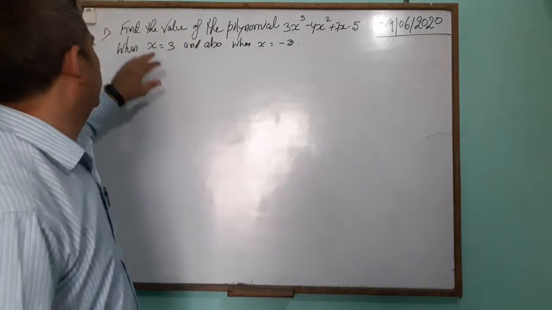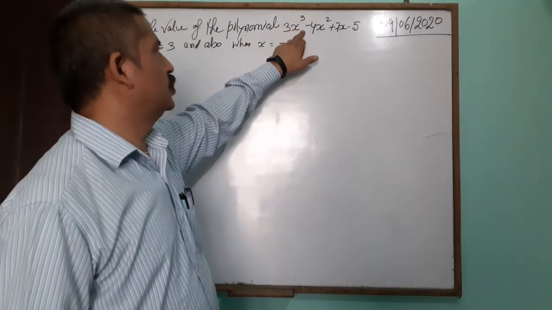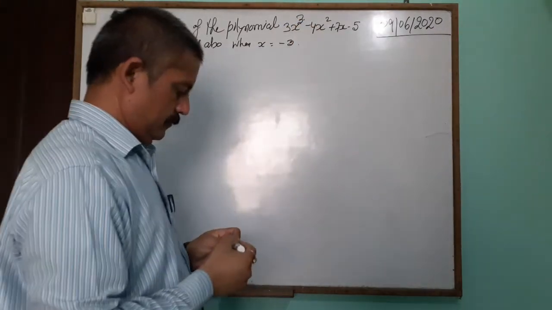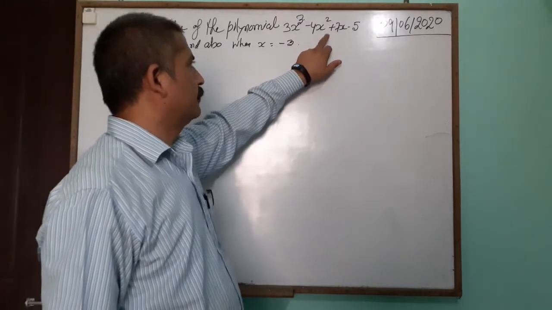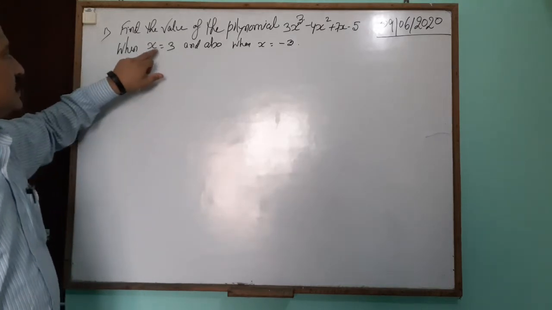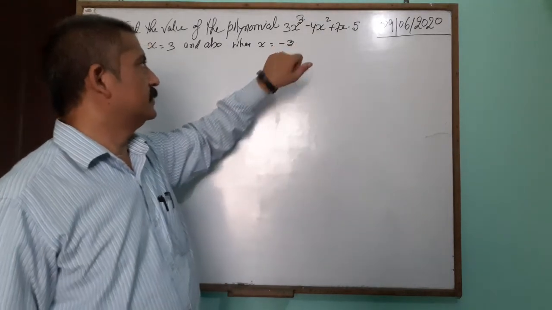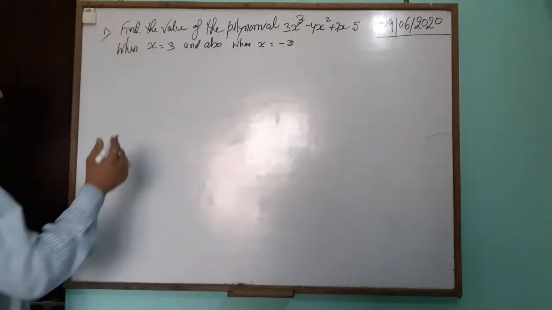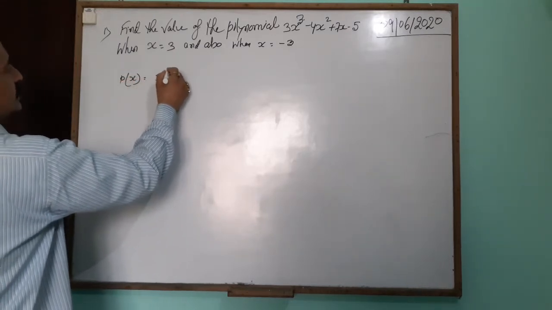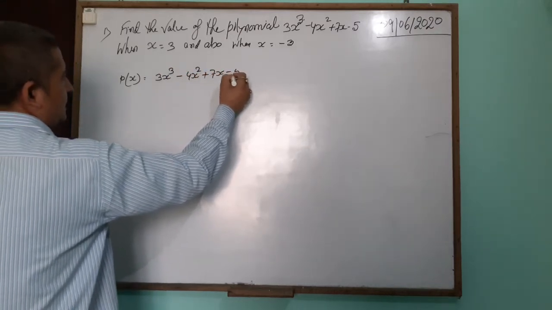So one question was given: find the value of this polynomial 3x cube minus 4x square plus 7x minus 5 when x is equal to 3 and also when x is equal to minus 3. So first we check if x equals 3.